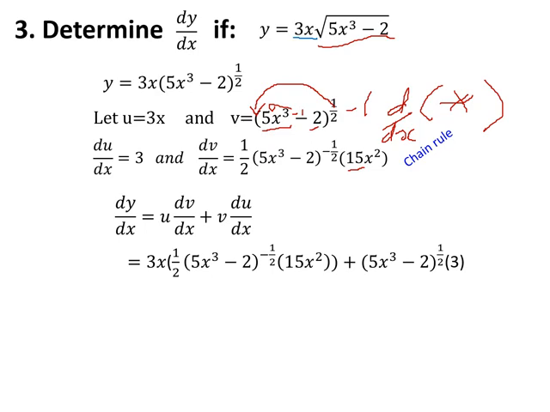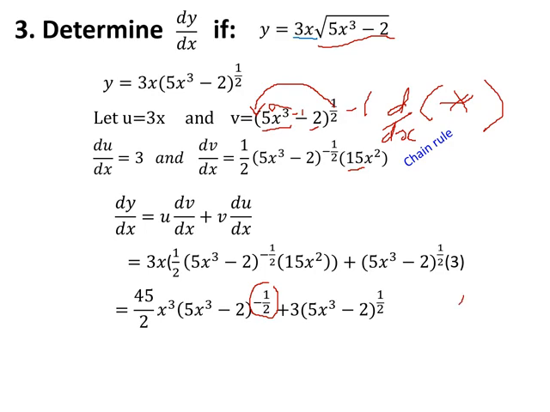So the next step, we are simplifying, multiplying 3x by 15x squared, and also taking the 3 to this side. We have that expression there. Then, because there is this negative exponent, we would want to write it as a positive exponent, so we take it down to the denominator, joins the 2 there.